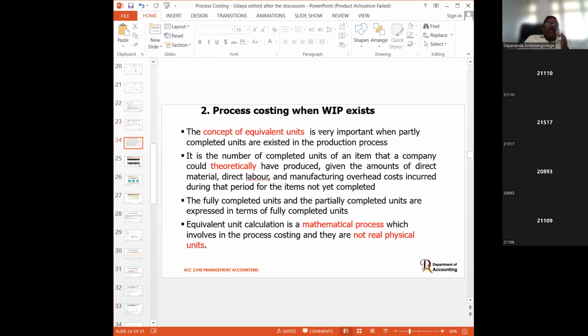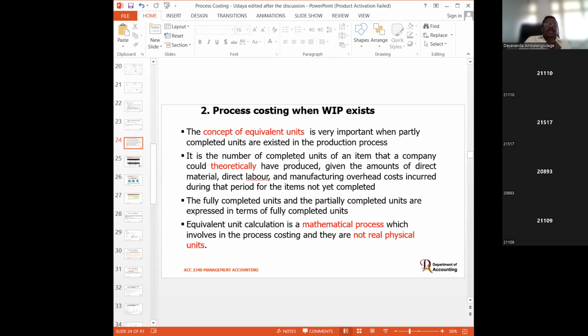The concept of equivalent unit is very important. In the second part of today's lecture, the second scenario, we are introducing a new concept called equivalent unit. Equivalent units are very important when partly completed units exist in the production process.